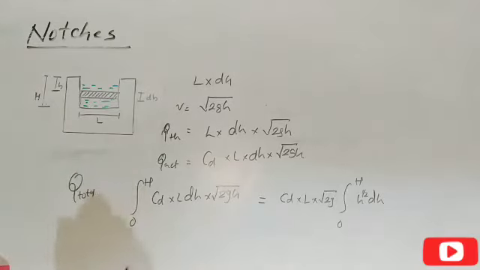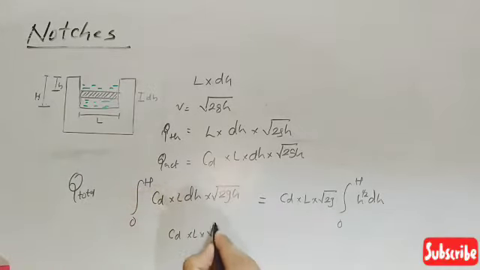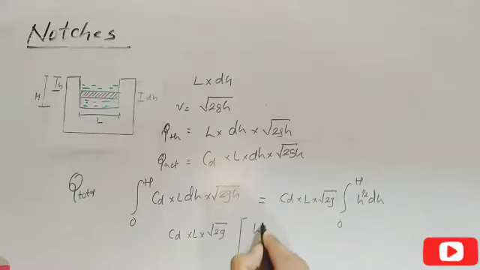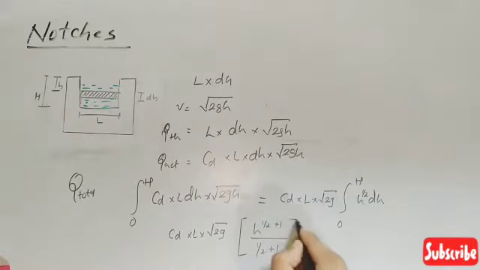Now if I integrate this, I get CD into L into root 2g, into h to the power half plus 1 divided by half plus 1, from 0 to h.